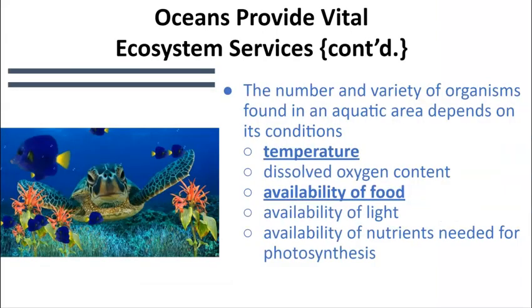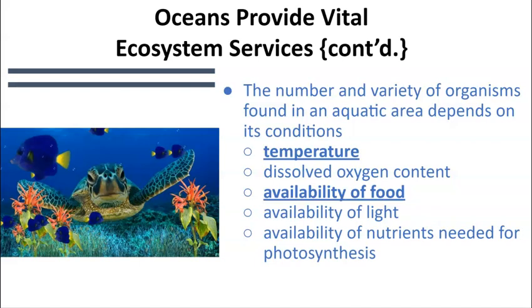The number and variety of organisms found in an aquatic area depends on its conditions. And these can be abiotic conditions, which are non-living factors like temperature or dissolved oxygen, or they can be biotic conditions, and biotic means living, so maybe availability of food or maybe competition in an area.